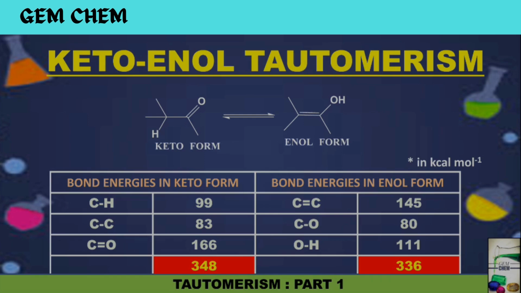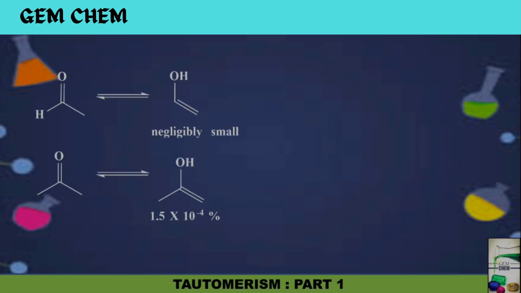So for the first example, when you take an aldehyde, that is, acetaldehyde, and when you take acetone, acetaldehyde has an enol content which is negligibly small, whereas for acetone we see an appreciable, though very little, 1.5 into 10 to the power minus 4 percentage of enol content.